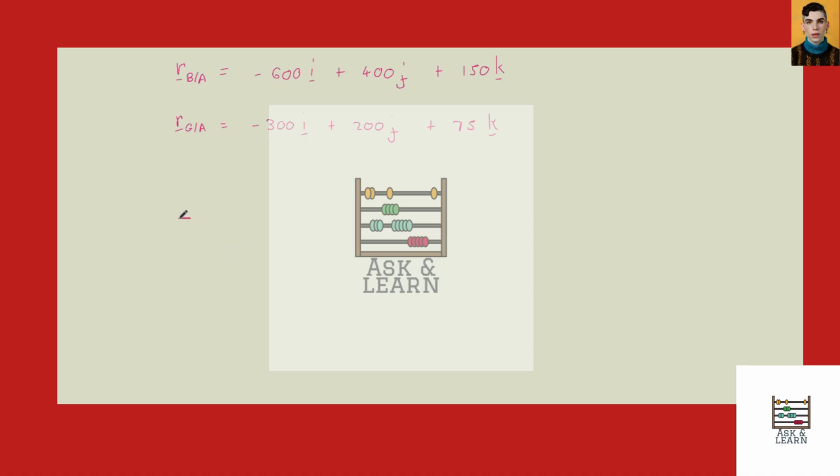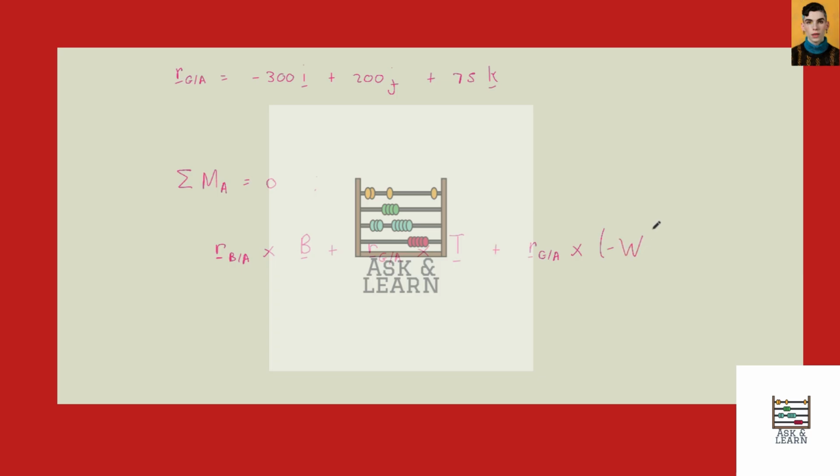Now, since the system is in equilibrium, the rod is not moving, the sum of the moments about A must equal 0. So R of B relative to A cross with the reaction force B plus R GA cross with T plus R GA cross with the weight.